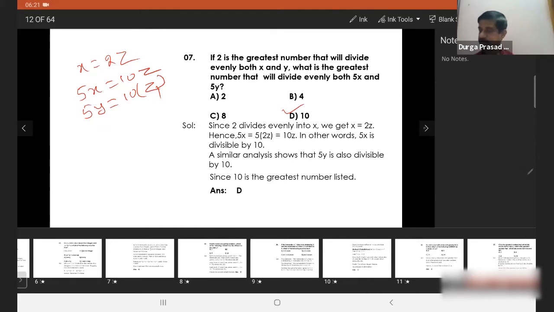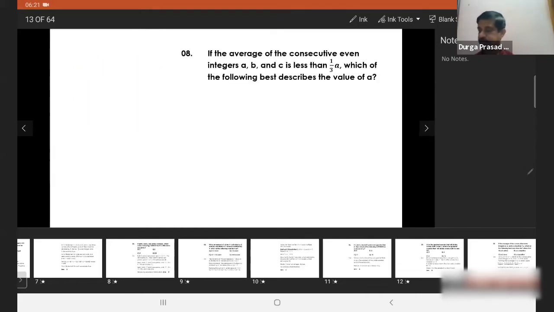Okay, let us proceed to the next question. If the average of consecutive even integers a, b, and c is less than a by 3, which of the following best describes the value of a?